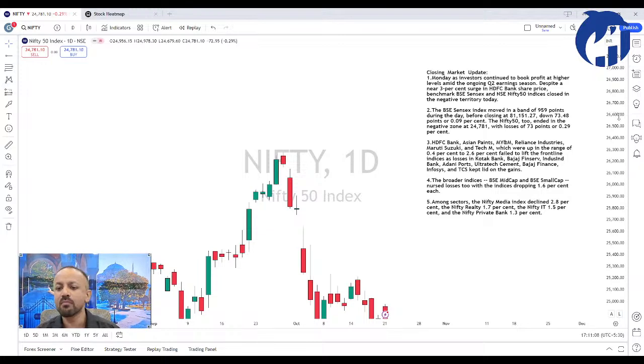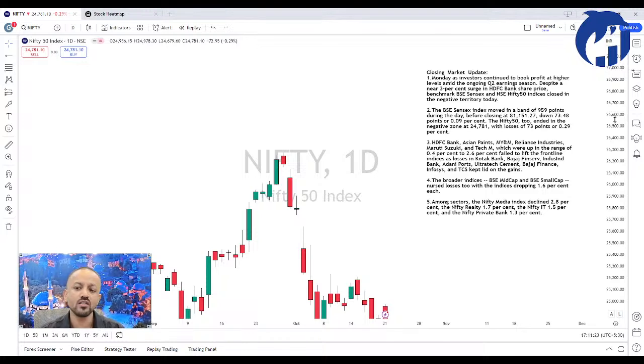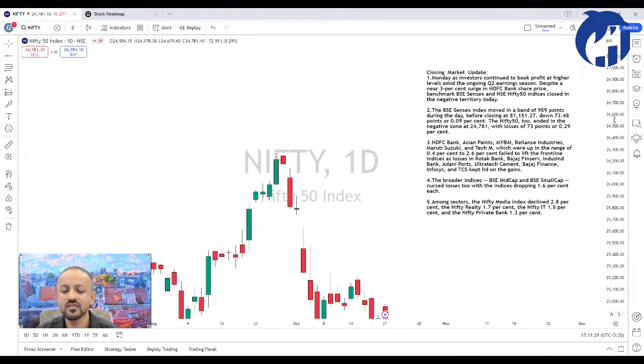The BSE Sensex moved in a band of 959 points during the day before closing at 81,151, while the Nifty ended in negative at 24,781 with a loss of 73 points or 0.29% negative. HDFC, Asian Paints, Reliance Industries, Maruti Suzuki, Tech M were up in a range of 0.4 to 2.6.